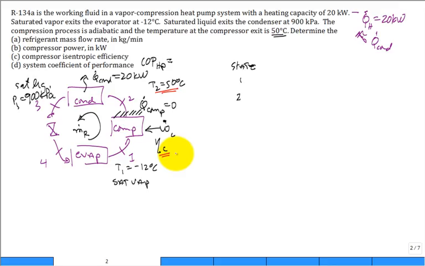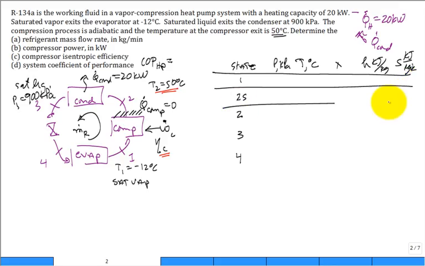So you probably want to have state 2s and 2 actual to analyze what's happening across that compressor. And then state 3 and then state 4. Let's talk about pressure in kilopascal, temperature in degrees C, quality, enthalpy in kilojoules per kilogram, and entropy in kilojoules per kilogram Kelvin.